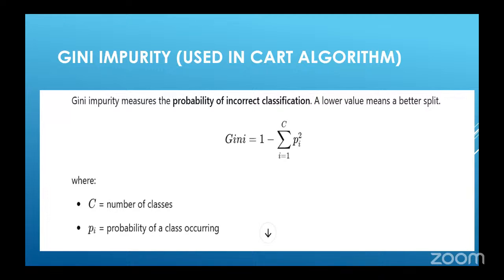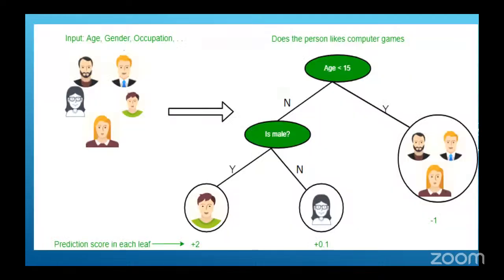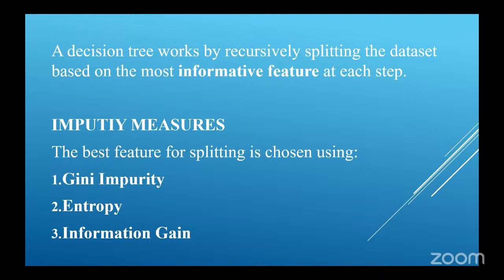In the previous example, since it is small, by seeing the image you identified the incorrect classification. So for a large data set, for finding out the incorrect classifications, we use the formula of Gini impurity measure.